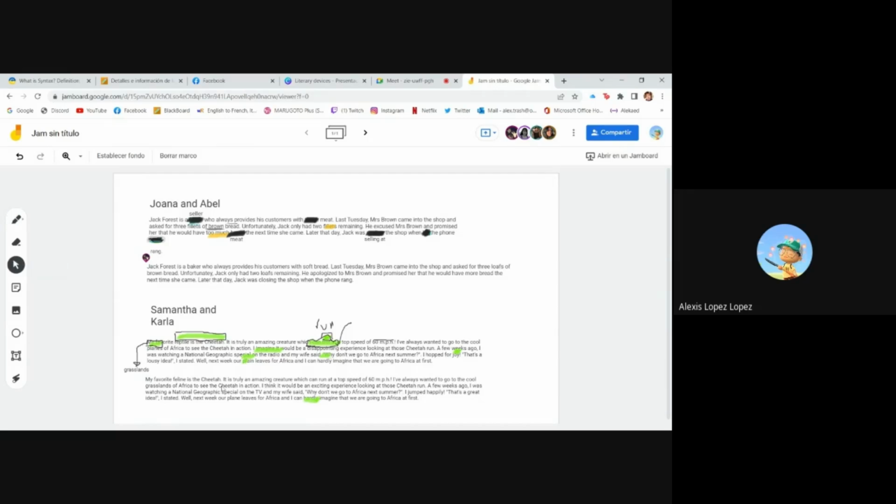Why do you think hardly was highlighted? Because I think it's another contradiction, maybe, but maybe it's my mistake. That's correct. It's a contradiction because if this person really wants to go to Africa, why is it so hard to imagine going there?